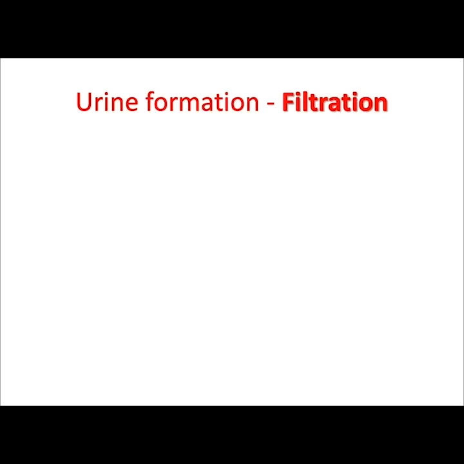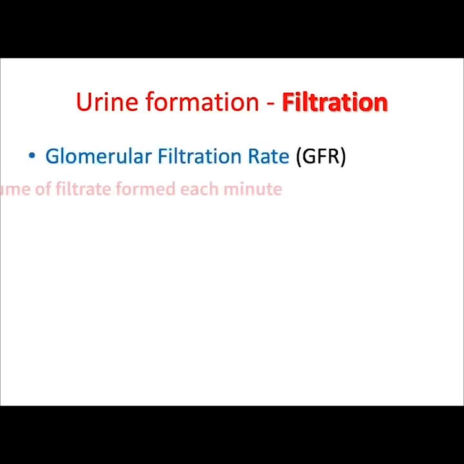The amount that is filtered per minute is called the glomerular filtration rate, or GFR. In a young adult, the GFR is approximately 125 mL per minute. This is equal to 180 liters per day.